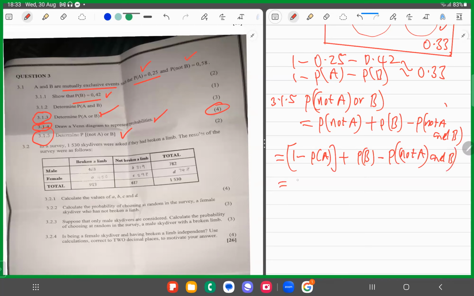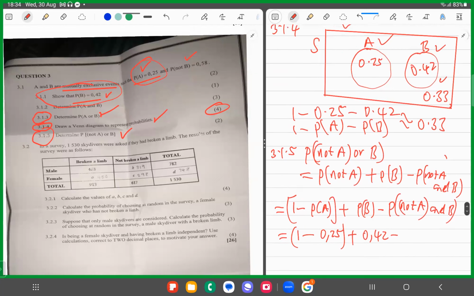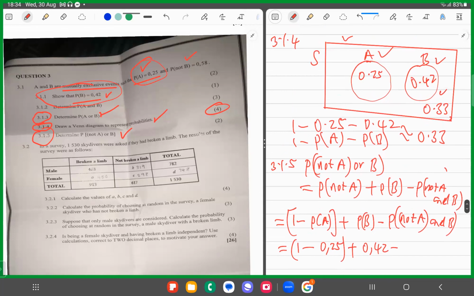So what is 1 minus the probability of A? It is 1 minus 0.25, because the probability of A is 0.25. What is the probability of B? We've already seen in 3.1.1 it is 0.42. What is the probability of not A and B? Let's look at this one. You can just make use of the Venn diagram.